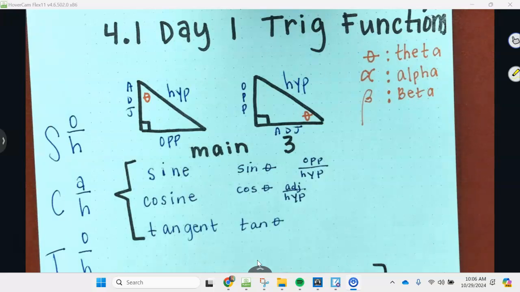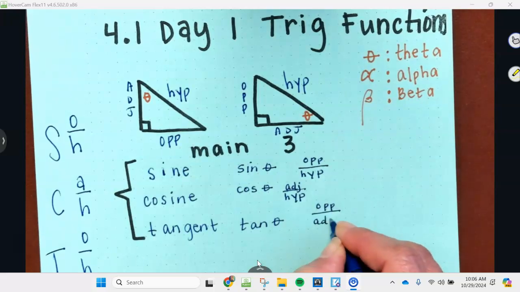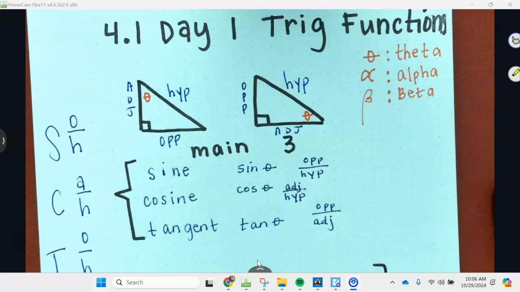And tangent is opposite over adjacent. And most of y'all have seen those before. It might take a few days to get reacclimated, but you have seen that. So in pre-cal, we deal with 6 functions. We deal with these, and then we deal with the reciprocals.